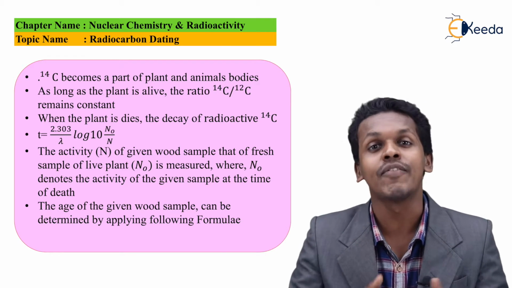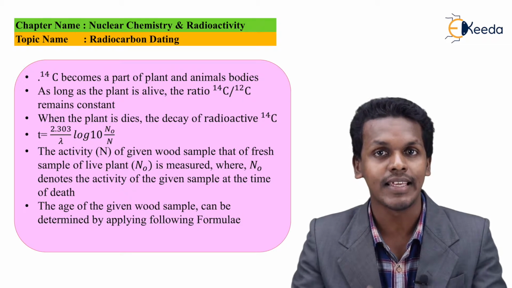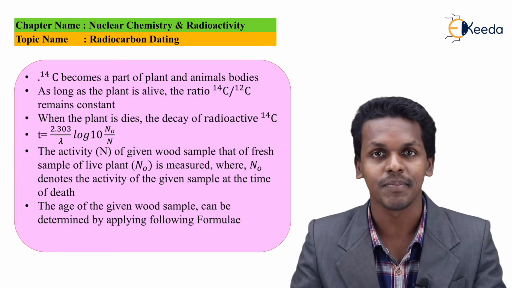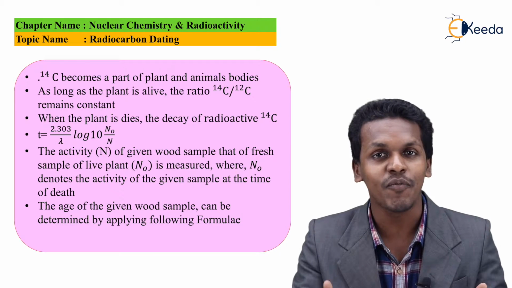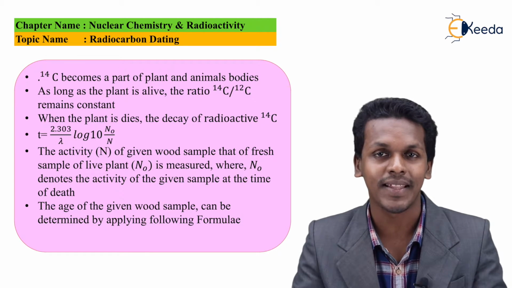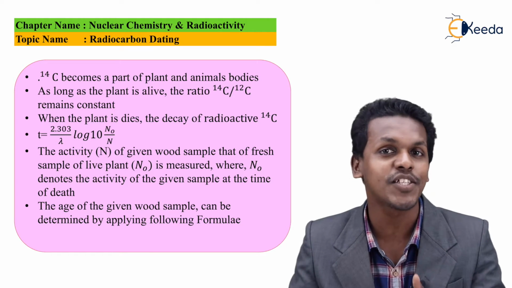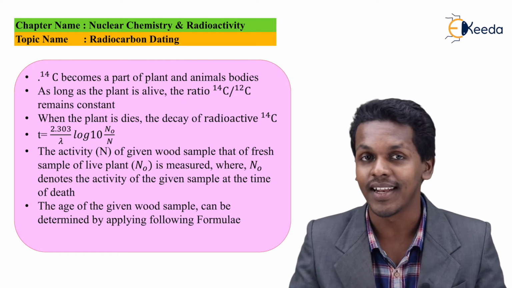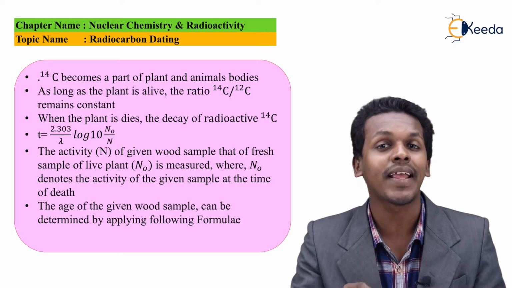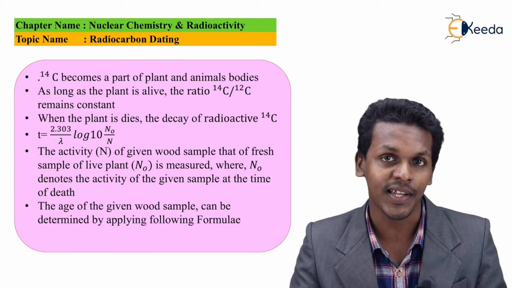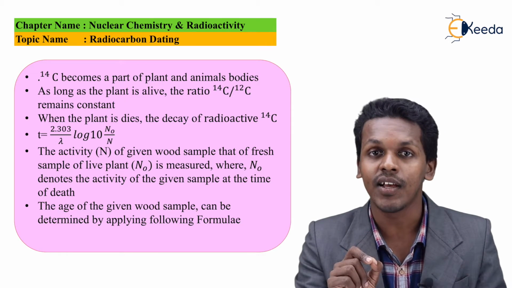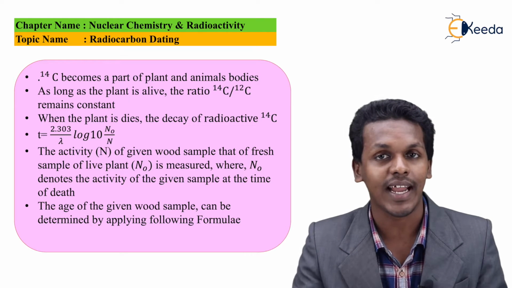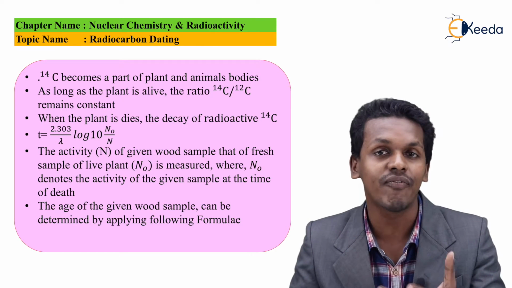So let me talk about the formula from which we can determine the age of the particular article. We apply the decay constant formula, that is lambda equals 2.303 divided by t, log to the base 10 of N0 divided by N. In this case, we have to determine the time, or the age, of a particular article. N naught and N are two different terms.